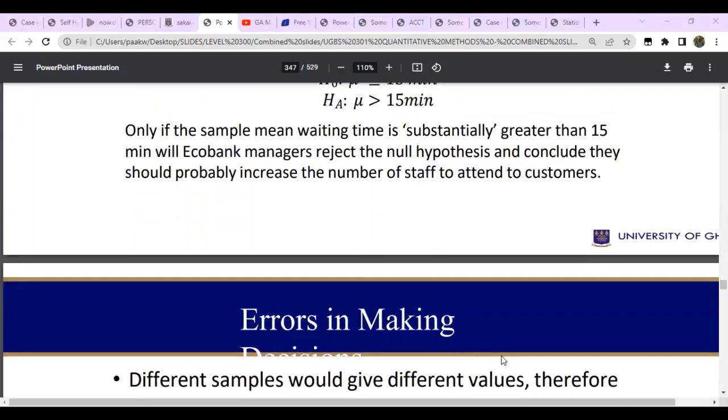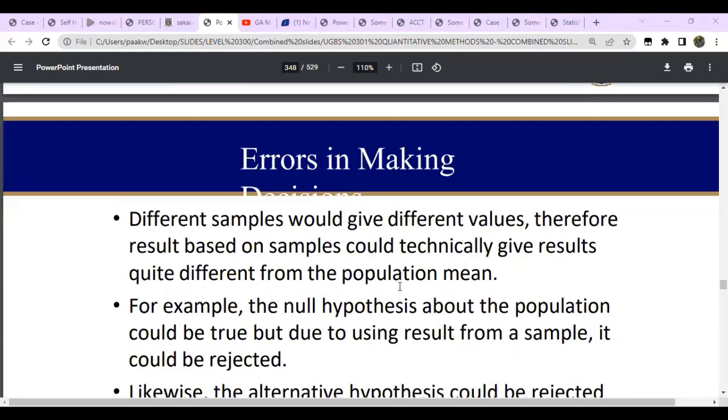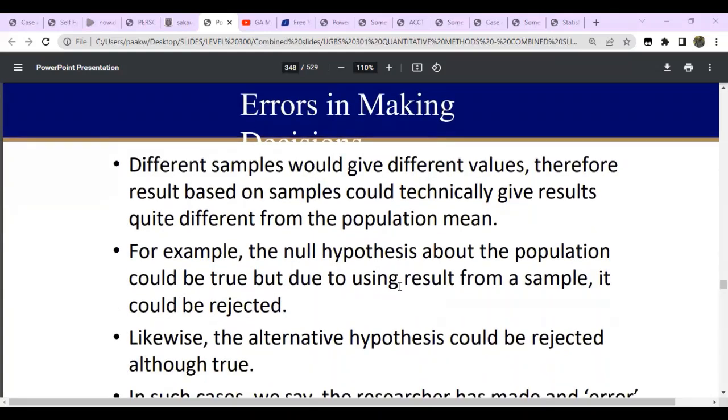All right. So let's look at the errors in making decisions. After formulating your hypothesis and using the test statistic, that's your t-test or z-test, to arrive at your decision, the decision can be reject your HO or fail to reject your HO. You can make errors in these decisions.